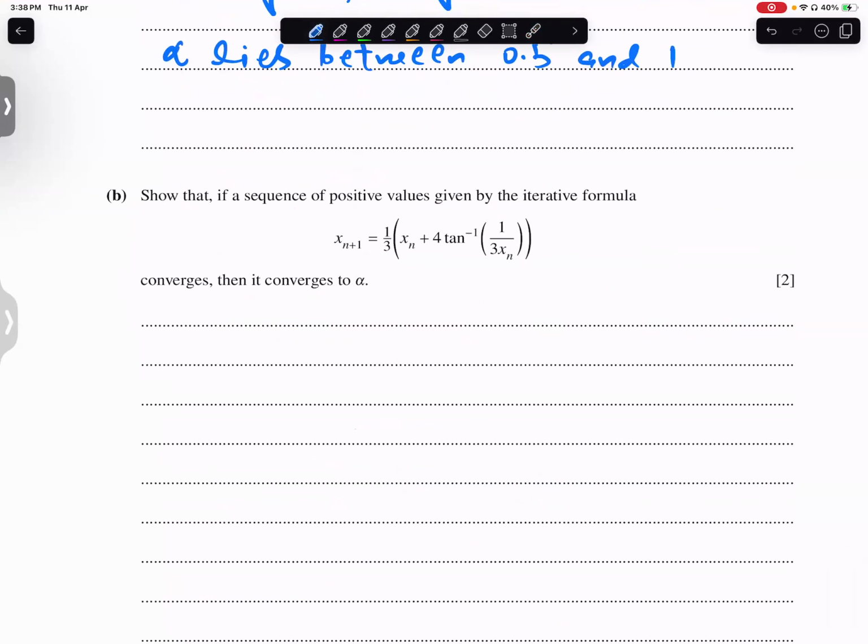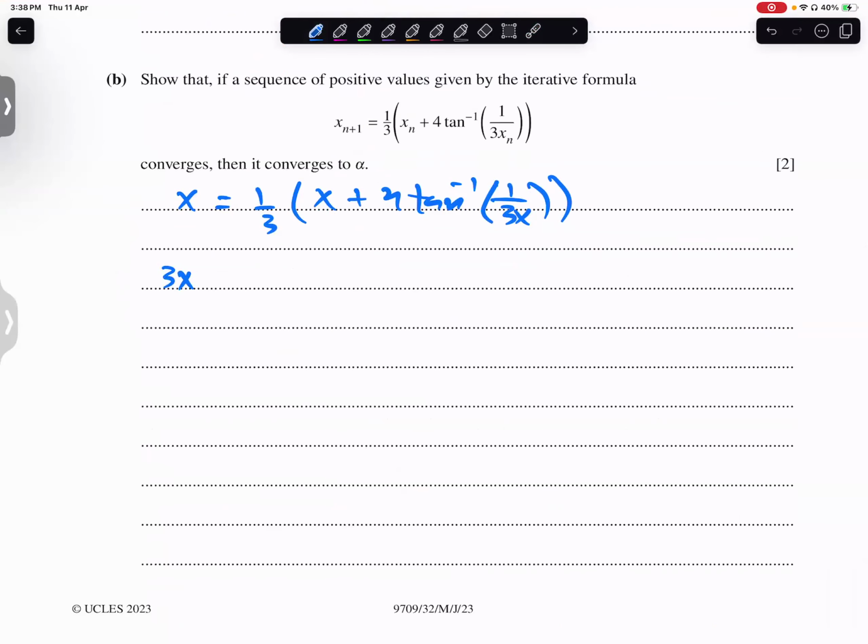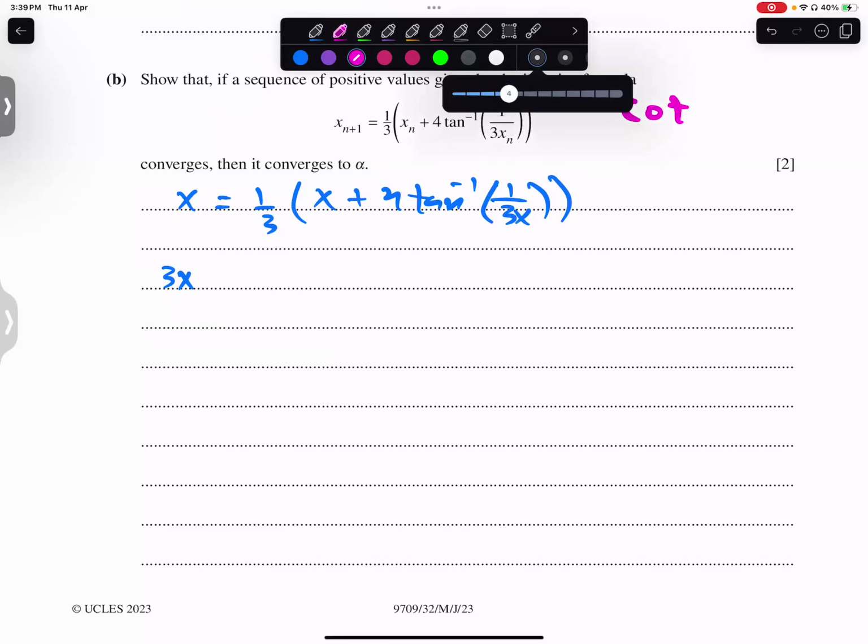So forget about n and write x is equal to 1 over 3 x plus 4 tan inverse of 1 over 3x. Let me write here the original equation, which will always be in your mind: cot x by 2 is equal to 3x.